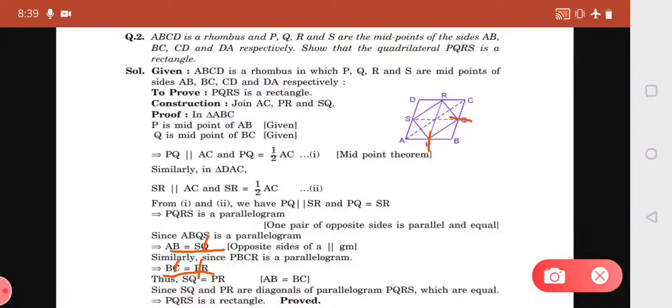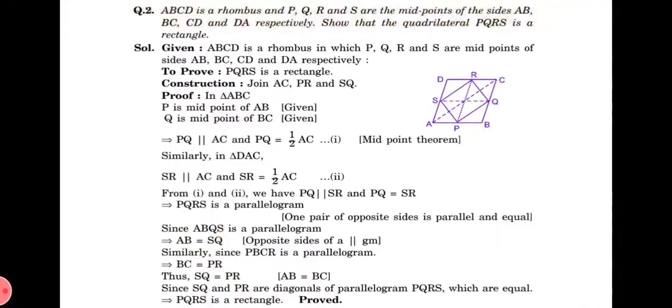So as AB and BC are equal, we will get SQ equal to PR. Since SQ and PR are diagonals of parallelogram PQRS, which are equal, it implies that PQRS is a rectangle. Hence, proved. Dear students, please copy all these in your regular CW.